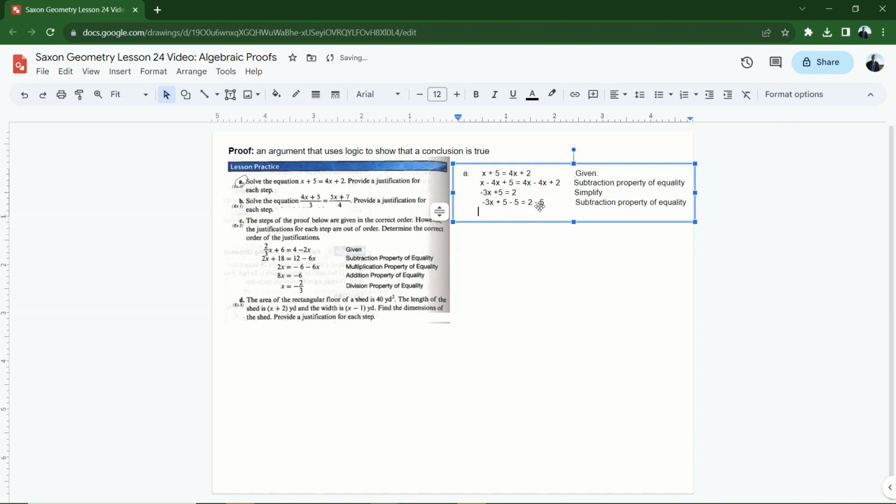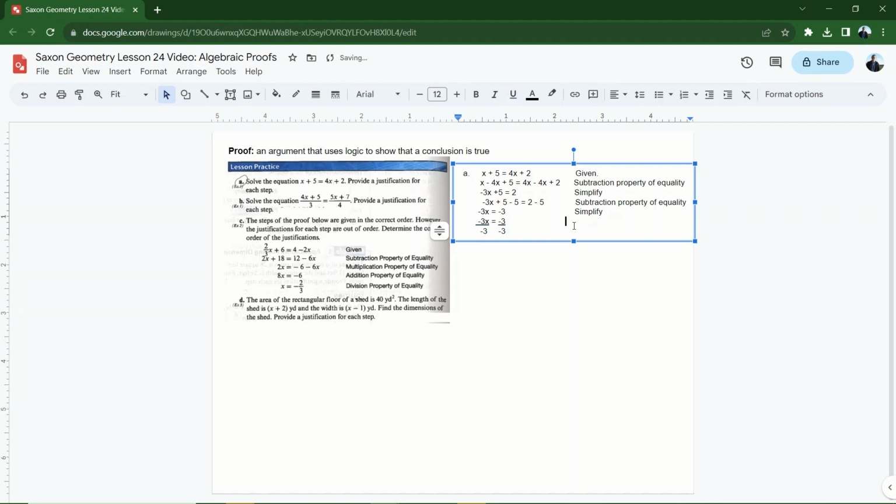Okay, now when I follow through here, it's negative 3x plus 5 minus 5. That's just going to be negative 3x equals negative 3. Again, I simplified. I need to divide this by negative 3 and this by negative 3. And we're going to show that like this.